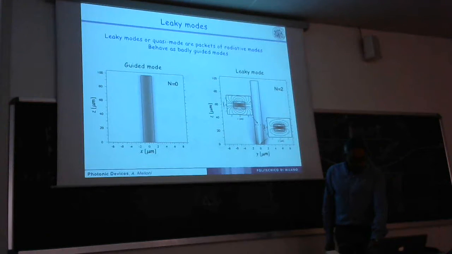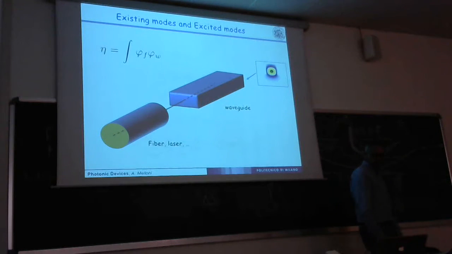Another big chapter, and we will go through this problem several times, is the coupling between the external source of light, fiber, laser, another waveguide, etc., and the waveguide itself. So you shine the mode of this guiding structure to the waveguide.